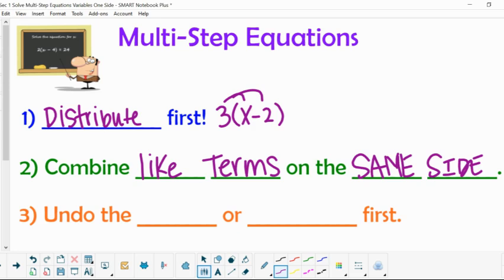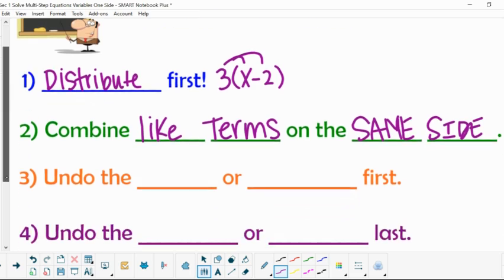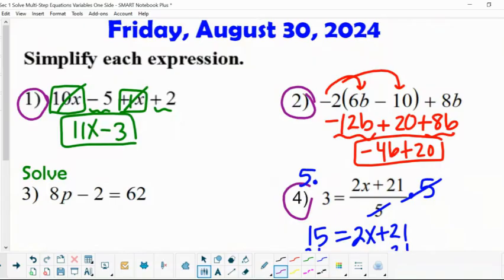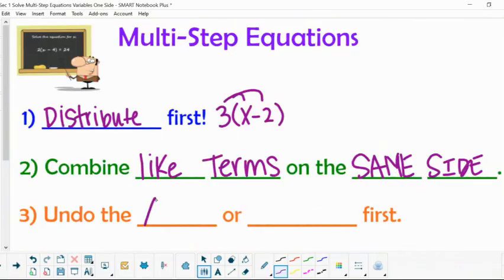Once we've done both of those, then we do just like we've been doing for the last 2 days. We start undoing. What do you always undo first? Look back at your notes, maybe. Like if we were doing this problem right here, what would you undo first? Addition or subtraction. Yeah. So we undo the add or subtract first.